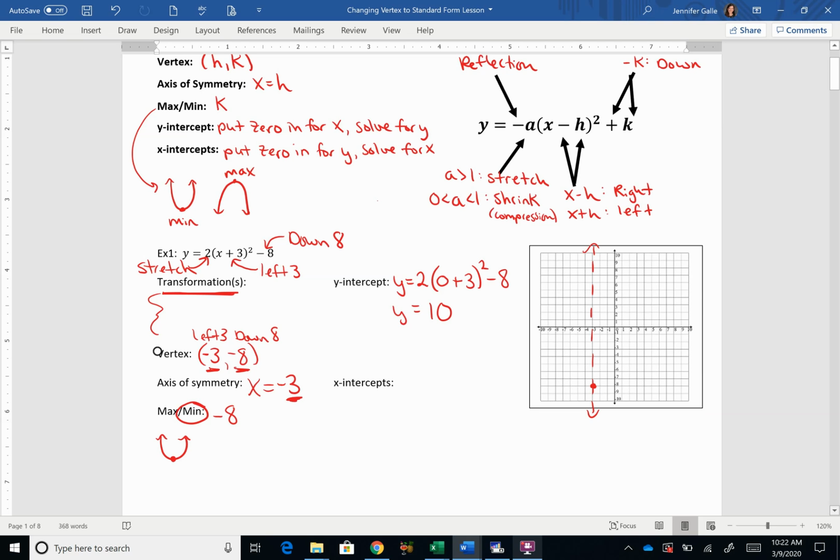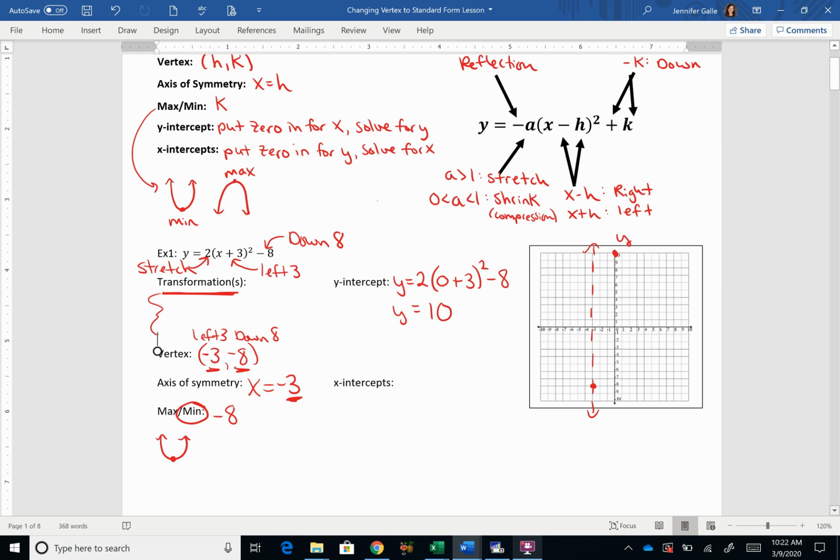So with very little work on our part, we've got a y-intercept. Y-intercept, guys, goes on the y-axis. So at 10, the 10 we're going to go right there. Now here's the cool part. We draw that axis of symmetry because if I fold my graph in half on that axis of symmetry, the two sides should match.